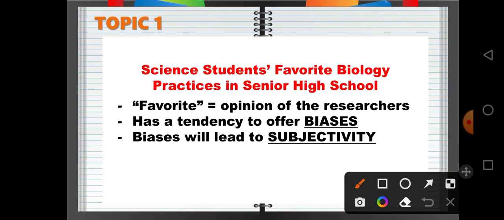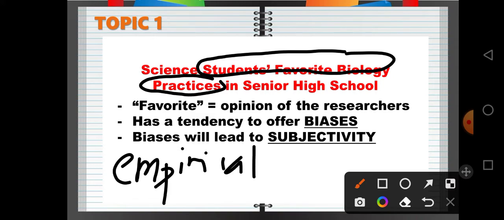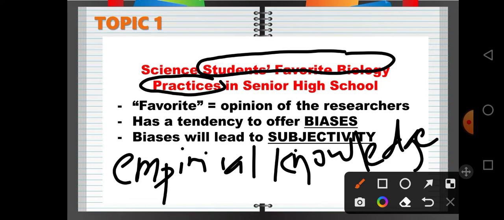So what variable do we have here? We have the students' favorite biology practices. Since the students' favorite biology practices are based on their opinions, we cannot obtain such data with the use of empirical knowledge. The data for this variable cannot be obtained from empirical knowledge or by means of observation and experimentation.